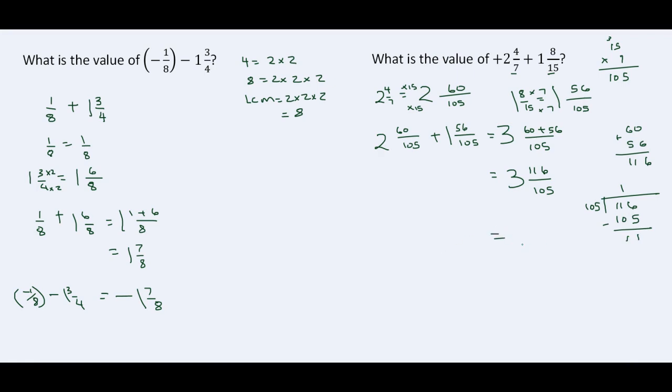So this is going to give us 3 plus 1 whole number, 11/105, which is going to give us 4 and 11/105. So therefore 2 and 4/7 plus 1 and 8/15. So this is a plus sign here, is going to give us a plus sign here as well.